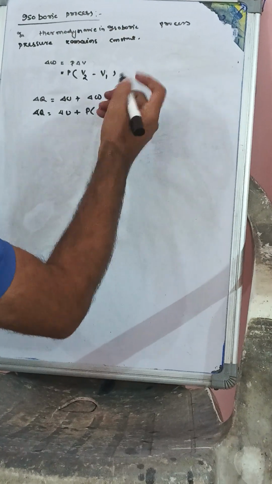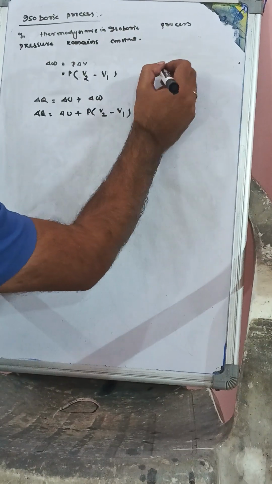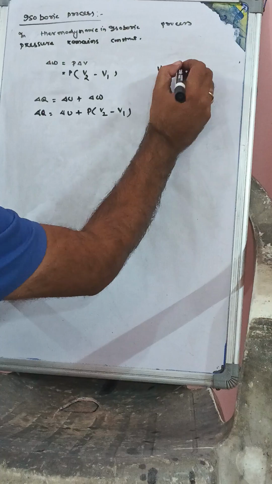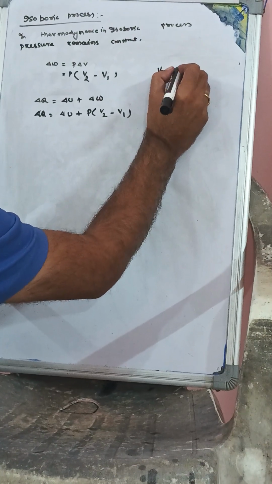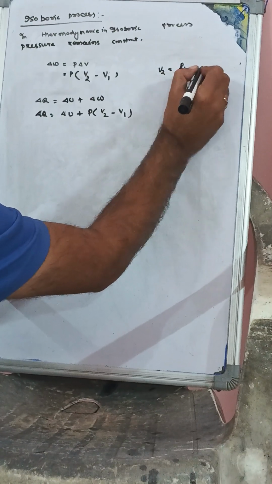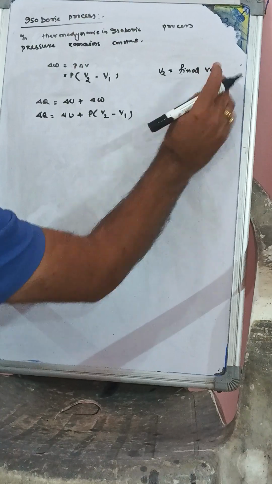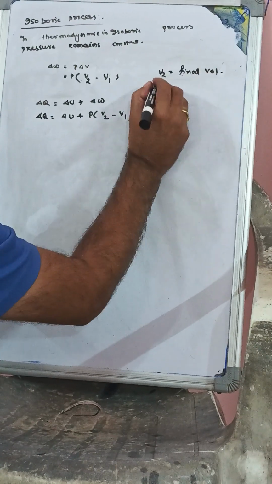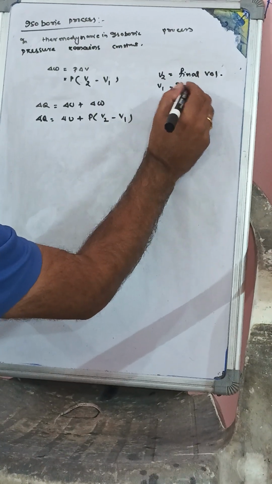We can solve another way. V1 is equal to initial volume.